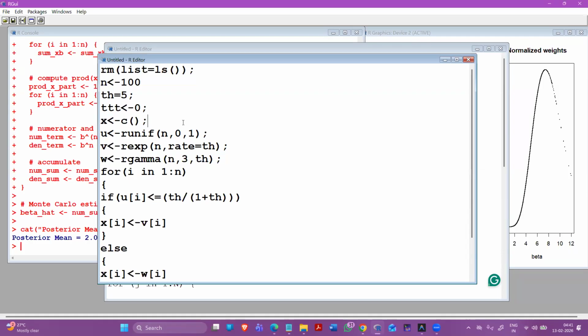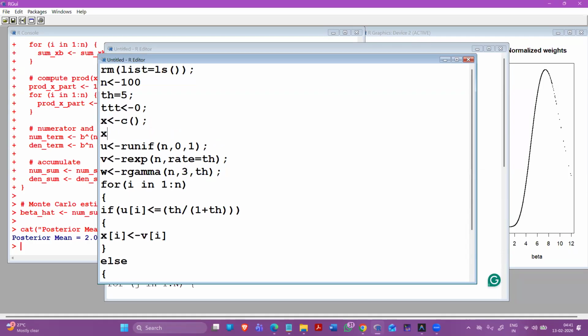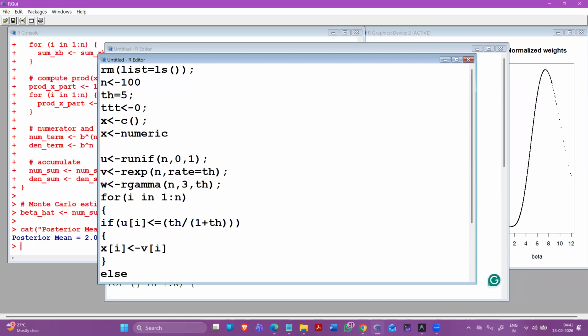Either you can simply write x numeric, that is also fine, or you can simply say x replicate 0, comma n. That means n zeros are there in your vector.